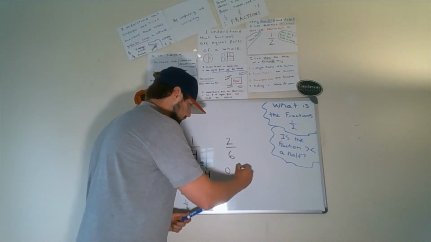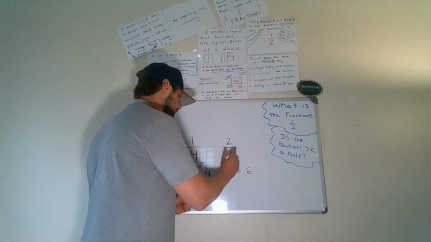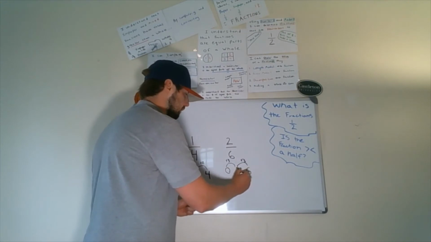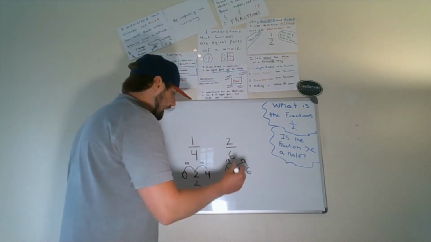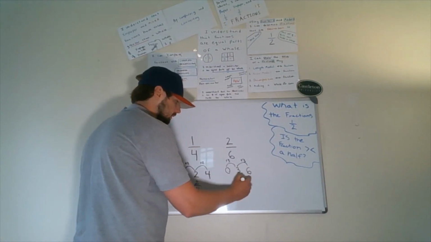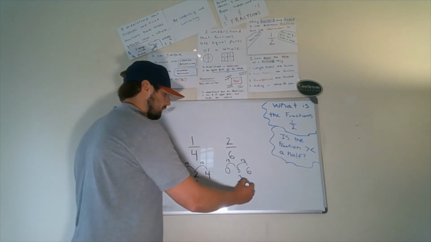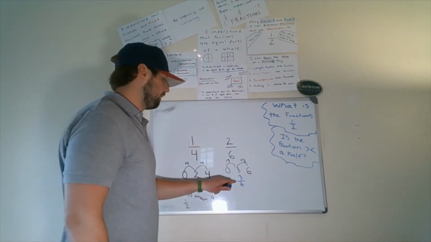I know that's, again, 3. There are 3 parts between 0 and 3, and there are 3 parts between 3 and 6. So, the half of sixths is 3 parts. 3/6. What is the fraction's half? 3/6.